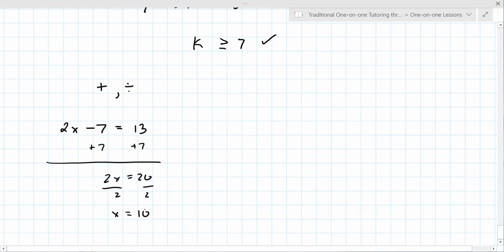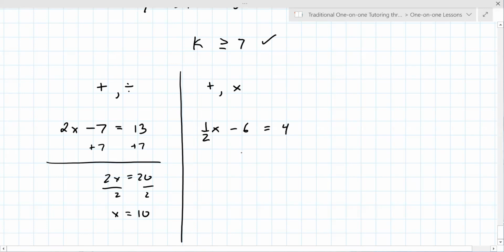I need a 10. Okay. Now there are also problems where you add and then multiply. Let me show you one of those. 2x minus 6 equals 4.